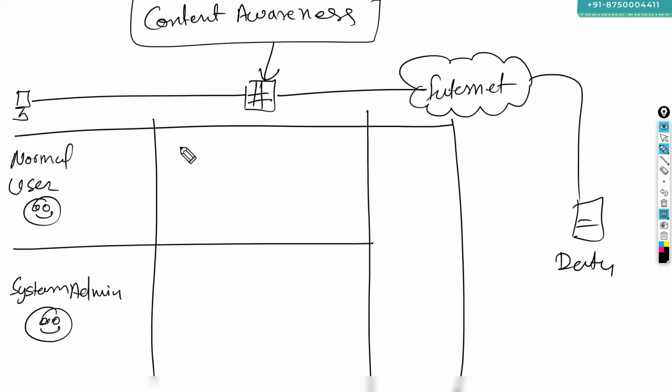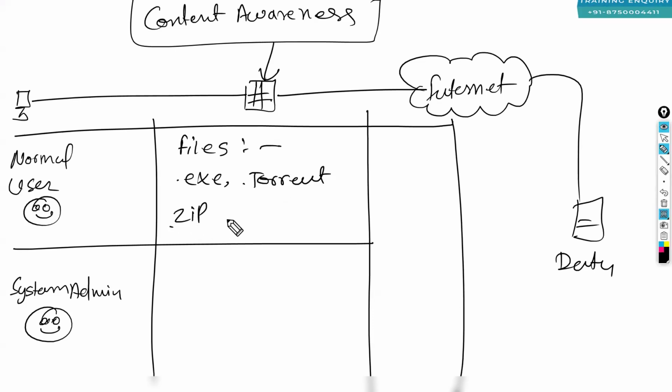Like if we have files, like when we have an .exe file, as well as, for example, torrent files or any kind of zip file, etc. It is up to you.